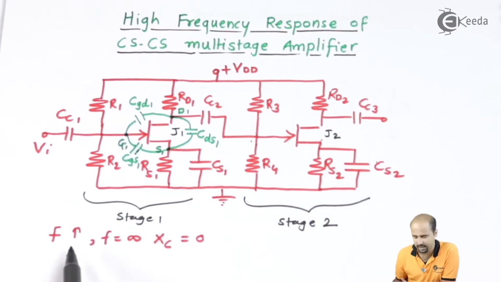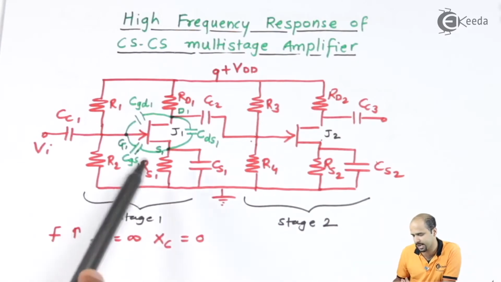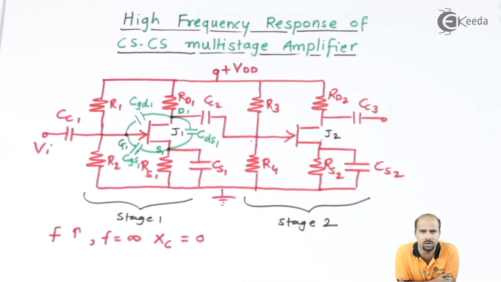If frequency increases, then ideally if frequency is equal to infinity, then X is equal to 0. Can I say that all the terminals of the FET will get short circuited? Then the FET will be short circuited and the amplifier is damaged.